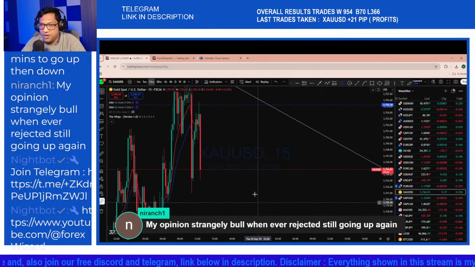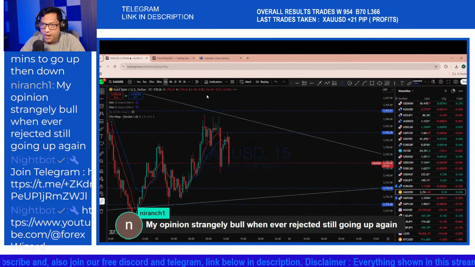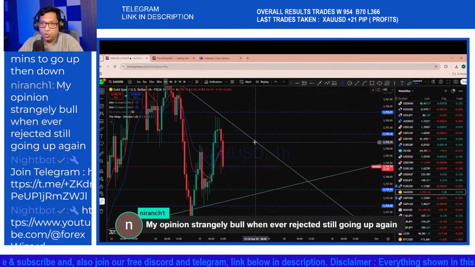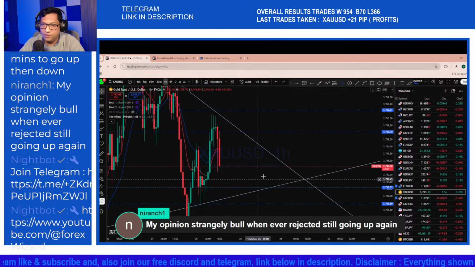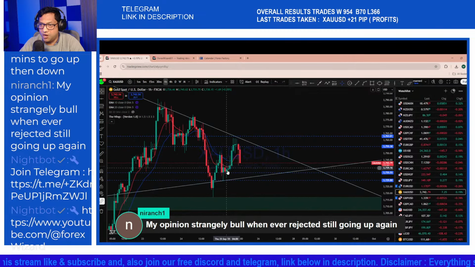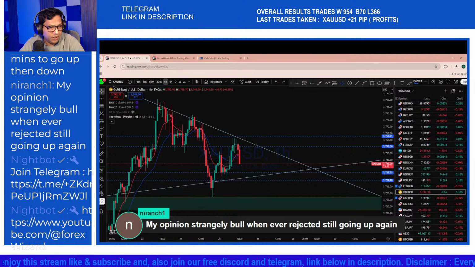We can see some kind of a breakdown here, and for us to find that sell entry, we will be looking for the market to initially bounce off that level and then to reject back again to the support level. As you can see, the market had a significantly bearish move in that area.